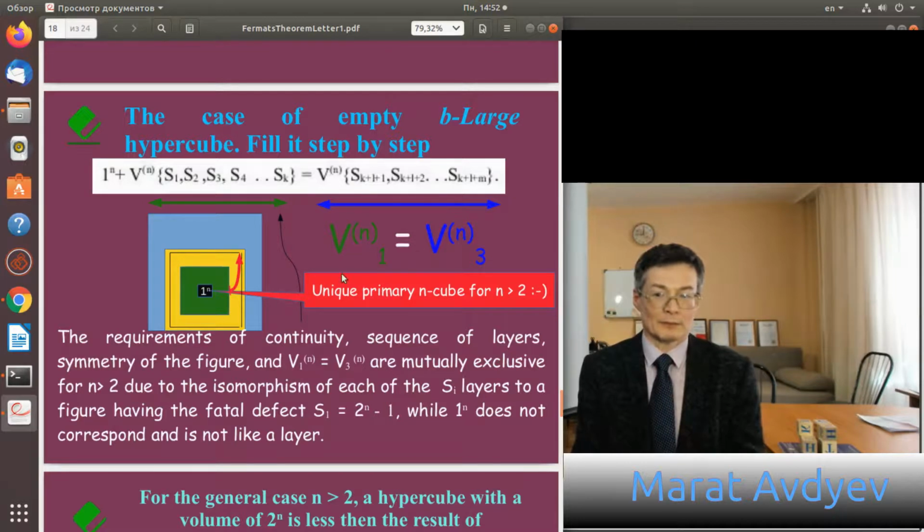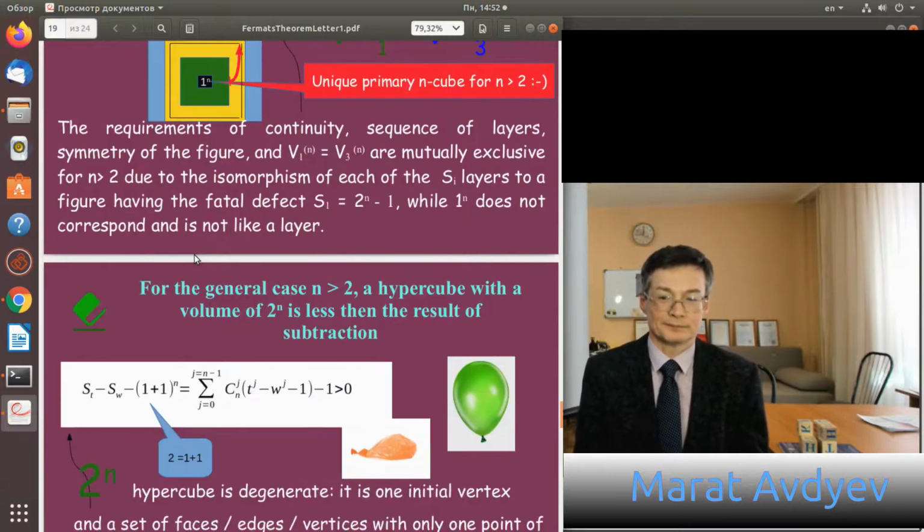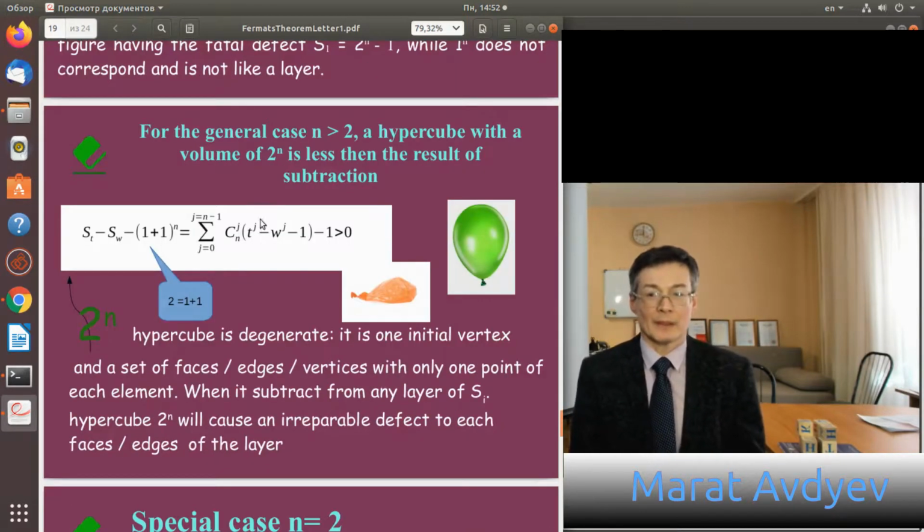Equivalence of volume. That means that 1 power n is not equal to any of the layers. Let us consider 2 power n. The 2 power n hypercube has volume less than the difference between any layers. You can test it.